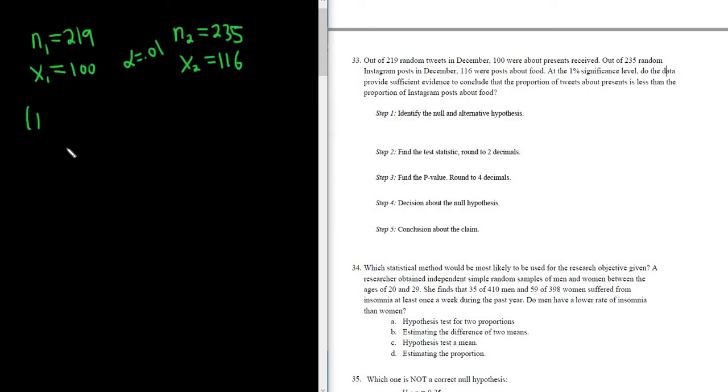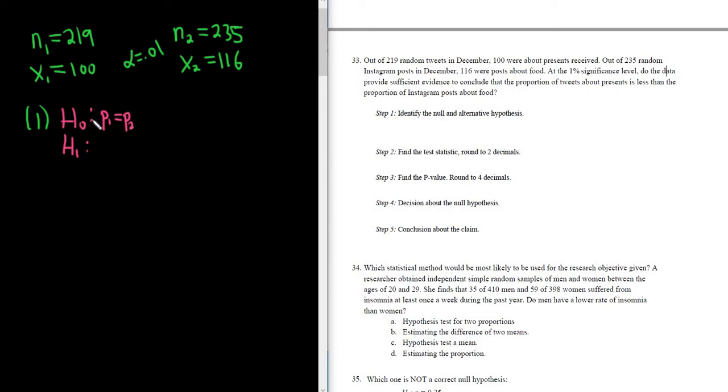So for step 1, we have to identify the null and alternative hypotheses. The null is H0, and the alternative is H1. Since our question is about two proportions, it's always P1 equals P2 for the null hypothesis. Always, no matter what.